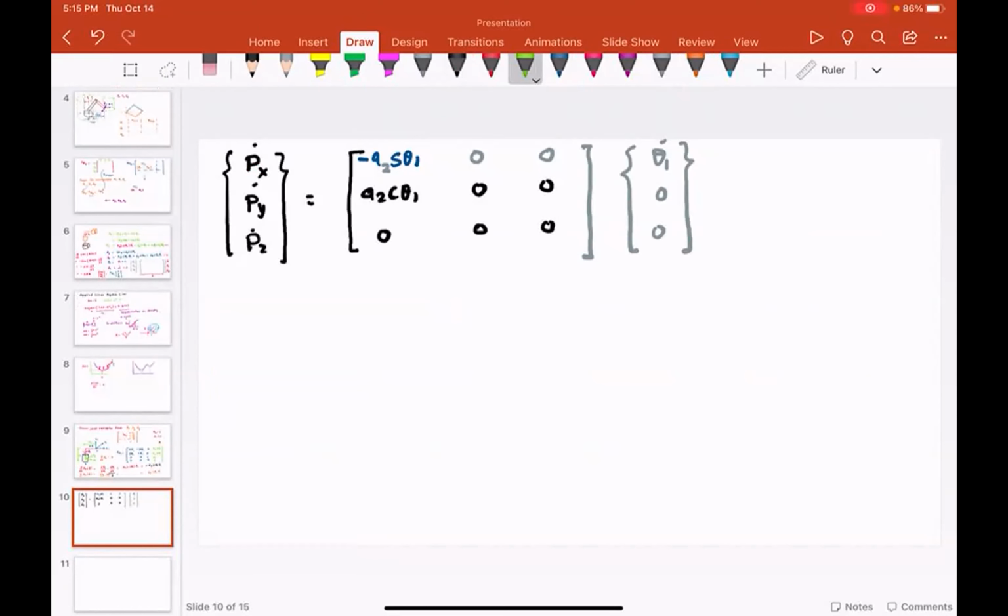But this is called the Jacobian. And these are called joint velocities. Some of you may ask me, does this make sense? We will see in just a minute if this makes sense.